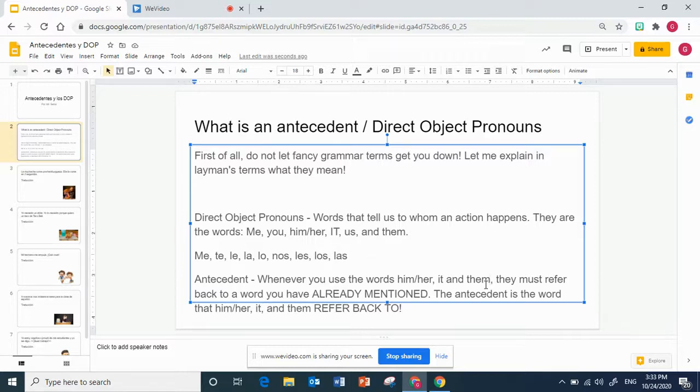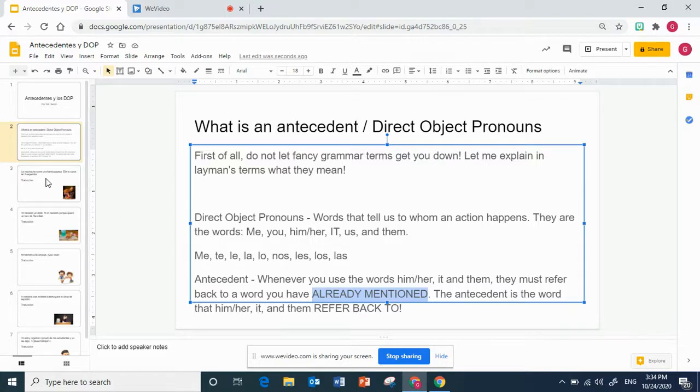An antecedent is the word that him, her, it, and them refer back to. Whenever you use any of these terms, it should link back to a subject that you've already talked about. I'm going to show you what that means in just a minute. The antecedent is the word that him, her, it, and them refer back to.